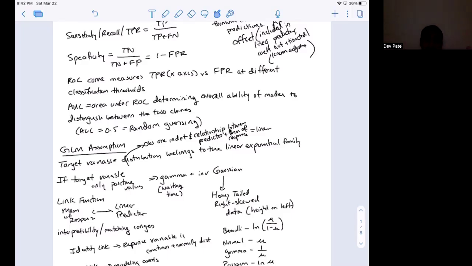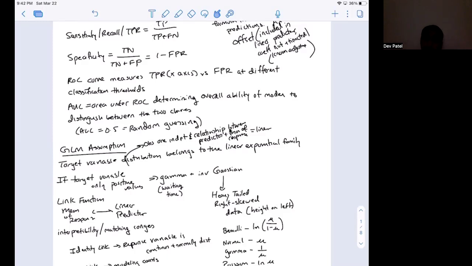AUC is a single scalar quantity that summarizes the performance of the model, how it can distinguish between a positive and a negative case. An AUC of 0.5 is akin to just random guessing. So if you have an AUC greater than 0.5, or 0.8, that means that the model has a moderate to strong ability to distinguish between positive and negative classes.